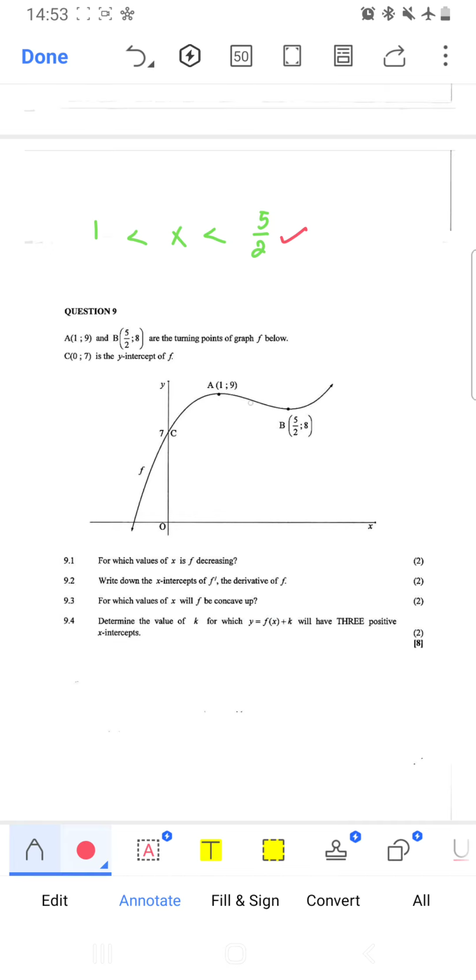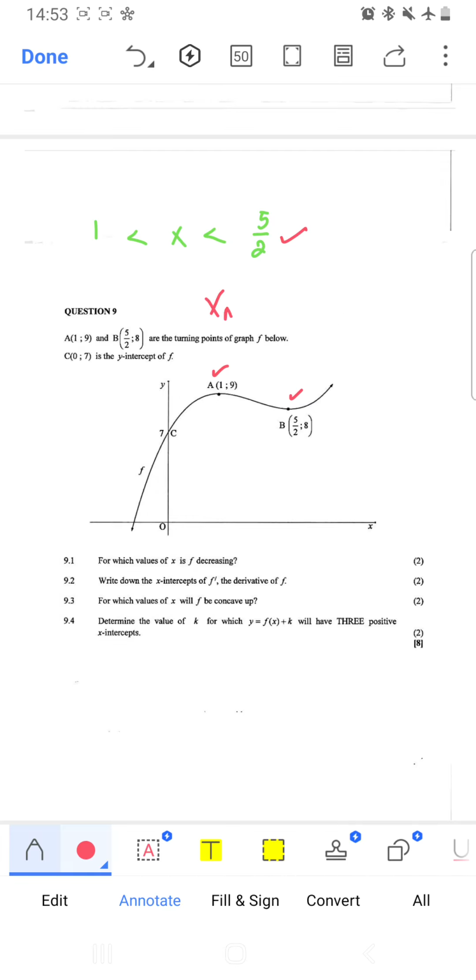We know that when we differentiate a cubic equation, we get a quadratic equation. This means the x-coordinates of the turning points of a cubic graph will become the x-intercepts of a parabola function.